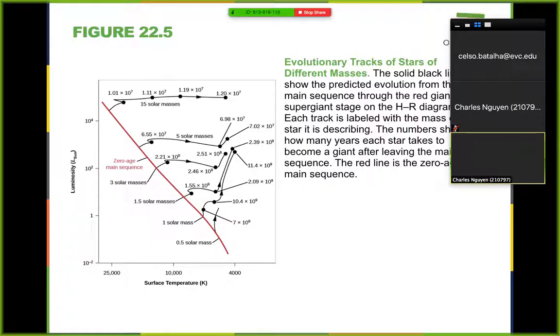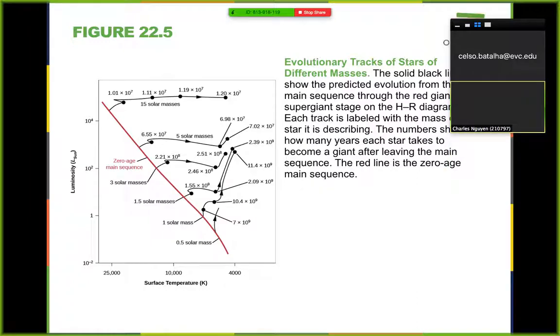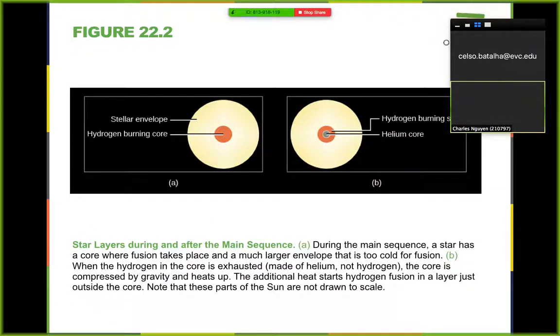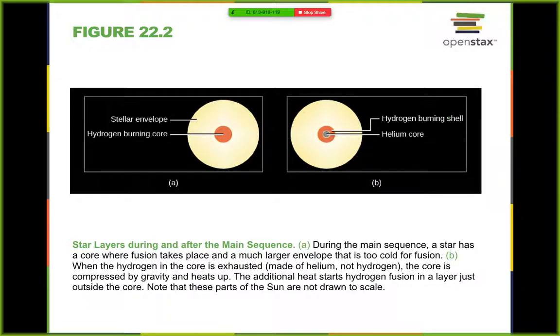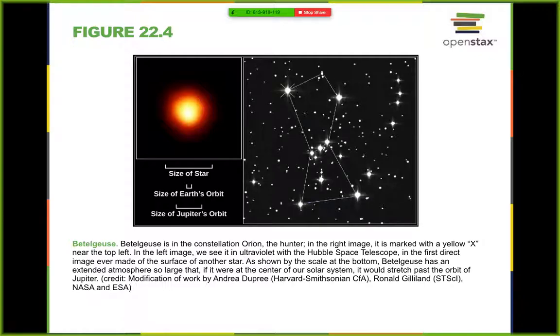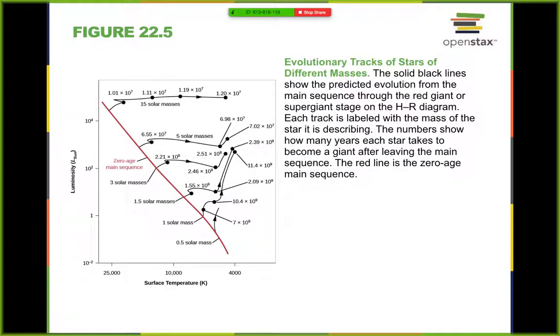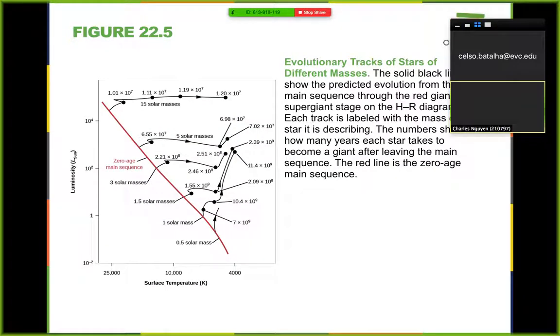Again, once it's completed, the star will go from the image depicted in part A to the image depicted in part B, where an inert core of helium is surrounded by a shell of burning hydrogen, and the star expands. And that's what you're seeing in this picture right here.